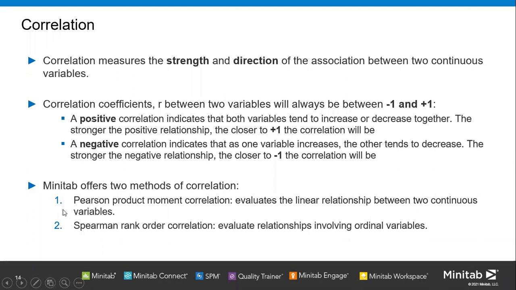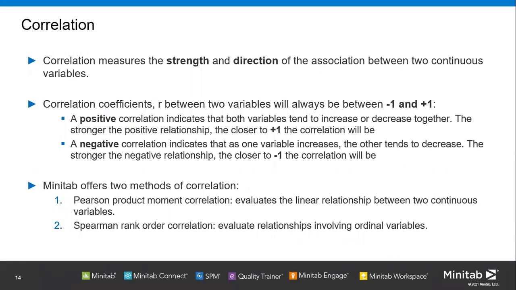Okay, but in Minitab we only offer two methods of correlation. The first one is the Pearson product moment correlation, with which we evaluate the linear relationship between two variables. The second method available in Minitab is the Spearman rank order correlation. This one evaluates relationships involving ordinal variables. Ordinal variables mean you have more than two responses, in an order.